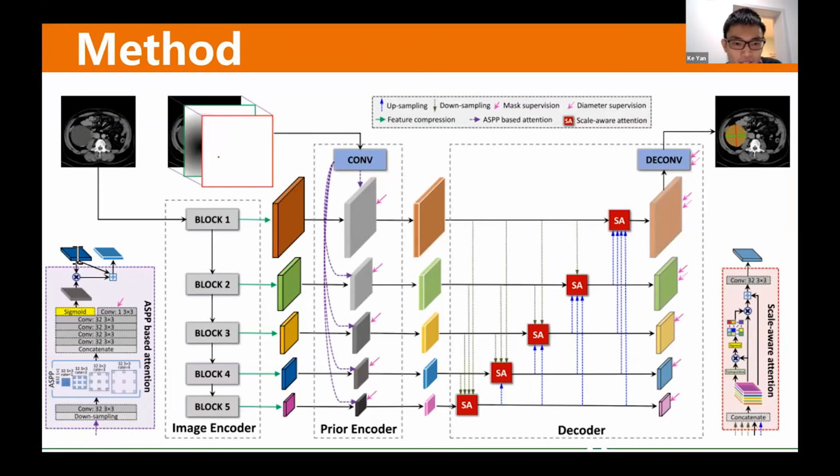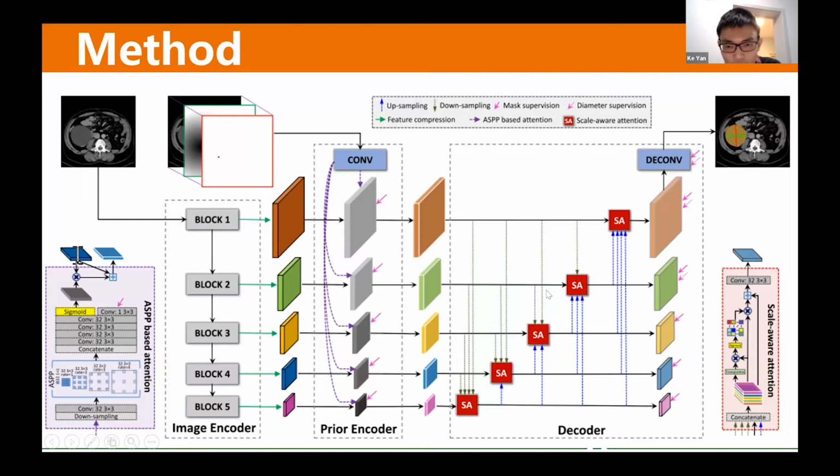This is the method he proposed. He inputs one CT slice and also a point clicked by the doctor, and then the output of the network is the segmentation mask and the diameter measurement of the lesion which the doctor has clicked on.